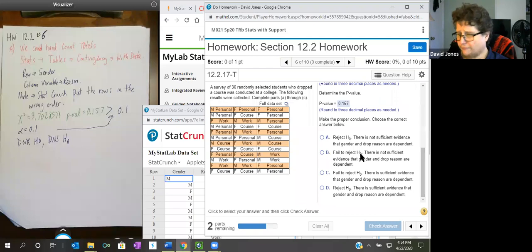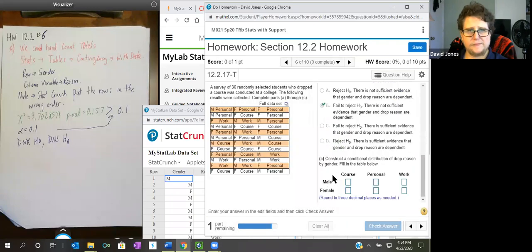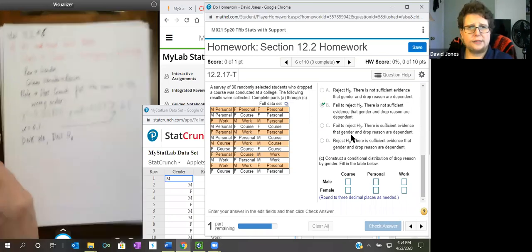So we've failed to reject H0, and that's because there's not enough evidence to do so. Both B and C say fail to reject. B says there's not enough evidence.